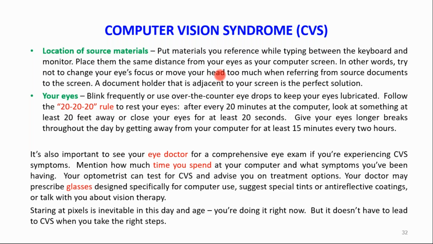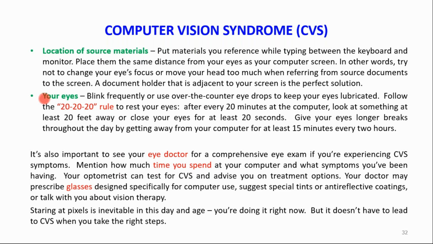So the second reason why this material is between the monitor and keyboard is to avoid the movement of your head. A document holder that is adjacent to your screen is the perfect solution for these things. So location of source material is also important to avoid head movement and to avoid strain on your eyes by keeping the focusing and refocusing activities simple.